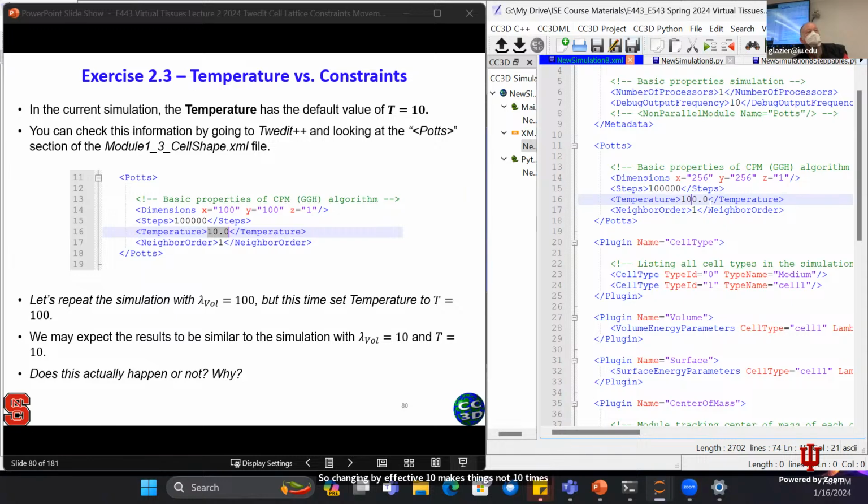So if I make my temperature 100 and run it, why don't people try that and see what happens? What happens? Anybody?